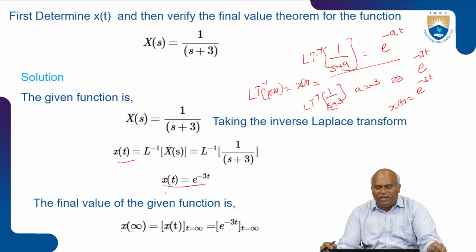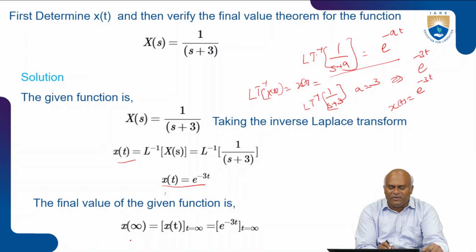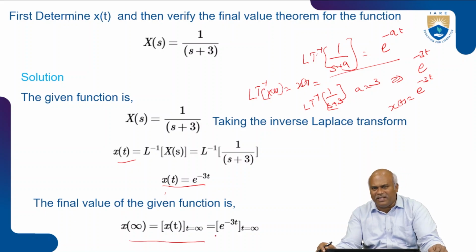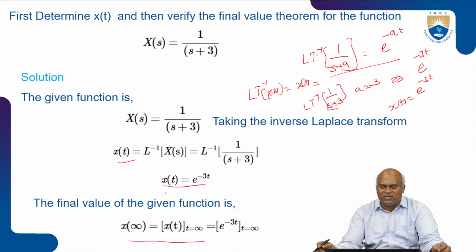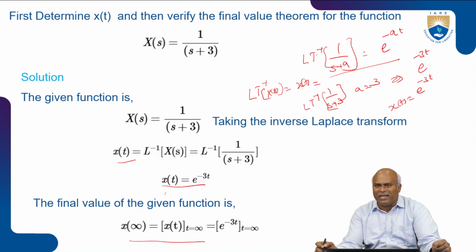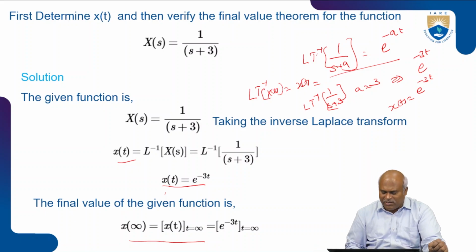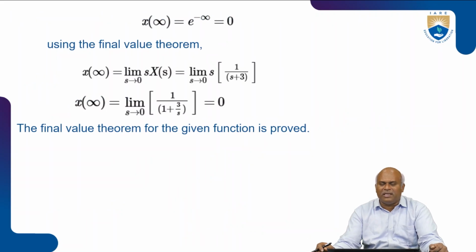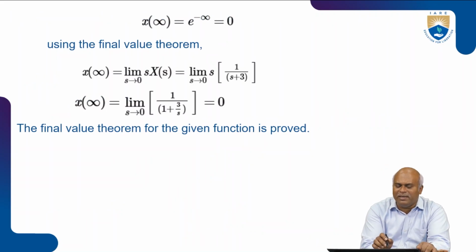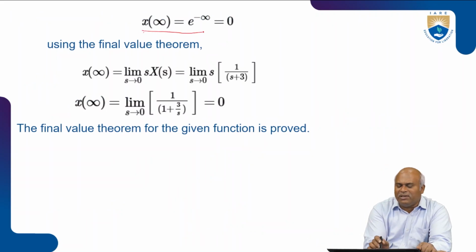Then the final value of the given function is x(infinity), which is x(t) as t tends to infinity, equal to e^(-3t) as t tends to infinity. Then we apply t tends to infinity. What is going to happen? Then x(infinity) equal to the limit t tends to infinity, where t is there, you can substitute infinity in the exponent.